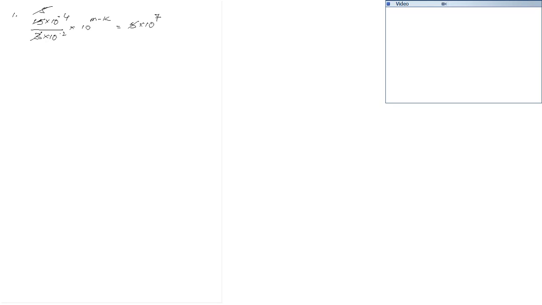Then I have 10 power minus 4 plus 2, because minus 2 when it goes to the top becomes plus 2, times 10 power m minus k is equal to 10 power 7. So 10 power minus 2 times 10 power m minus k is equal to 10 power 7. All the bases are same, so equate the powers. So minus 2 plus m minus k is equal to 7. So m minus k is equal to 9.